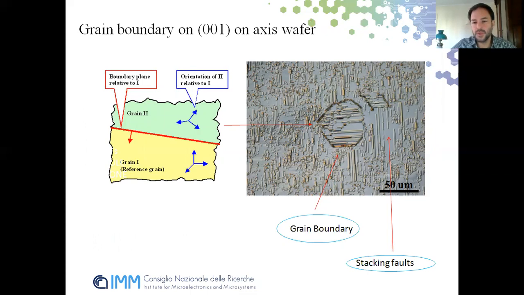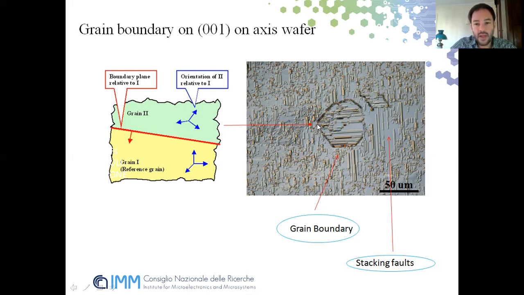In this image, I show you the surface of one sample that was etched in KOH at 500 degrees. You can observe here some vertical lines that are the stacking faults that arrive on the surface, and this curved line here, and inside it the stacking faults that are horizontal.